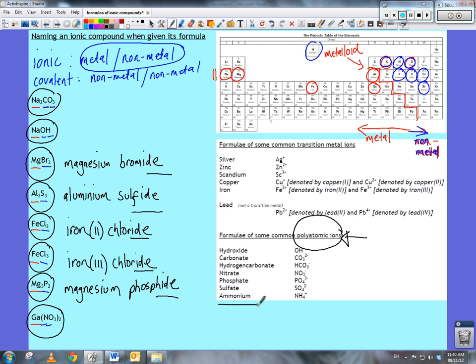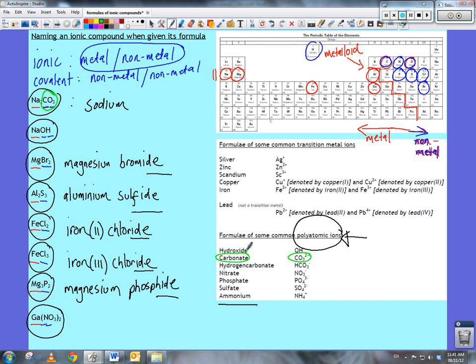Okay, so if we look at Na2CO3, we know that Na refers to sodium, and now we've got another ion, CO3. CO3 is the 2 minus ion here, which is called carbonate.